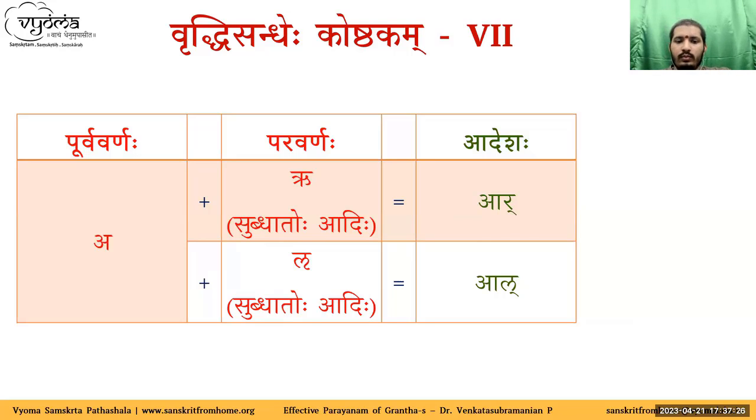If this subdhatu has the starting letter as ṛ or ḷ, and the Purvarna is Akara, then there can be an Adesha ār or āl. But this rule is unique because this is a Vikalpa Adesha. That is, the Adesha ār or āl in this rule is optional.